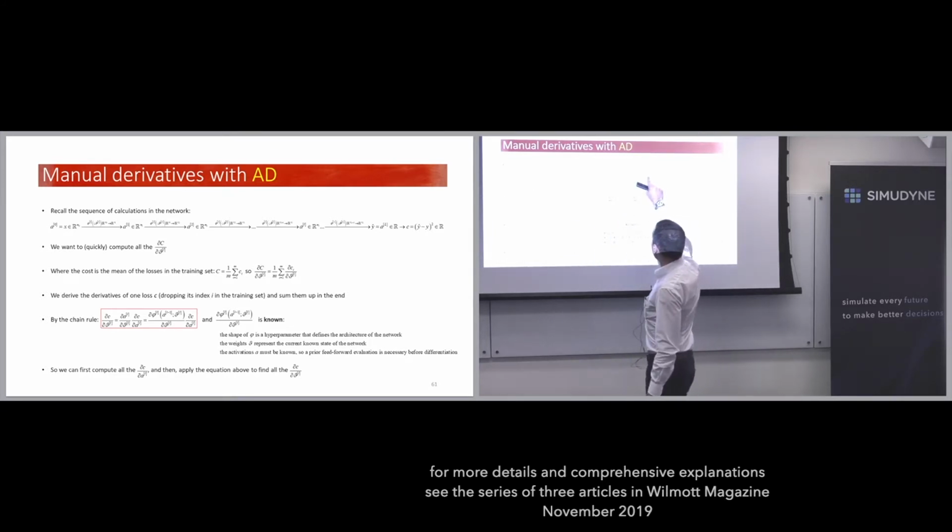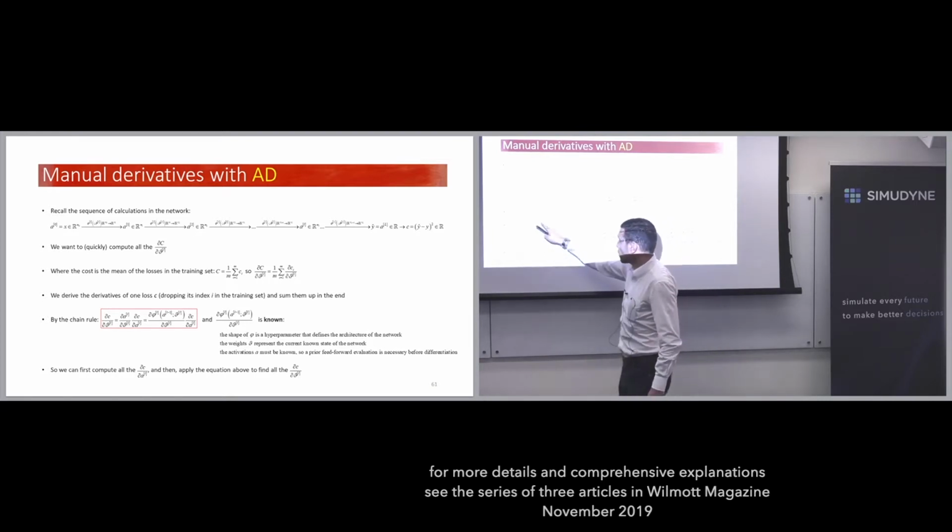So I calculate AL out of AL minus 1 by applying this function phi L with the parameters theta L. And this is the only place in the calculations that these parameters theta L are ever used. Therefore, by the chain rule, dC over d theta L will be dAL over d theta L times dC over dAL, right? Because theta L is only used to produce AL.